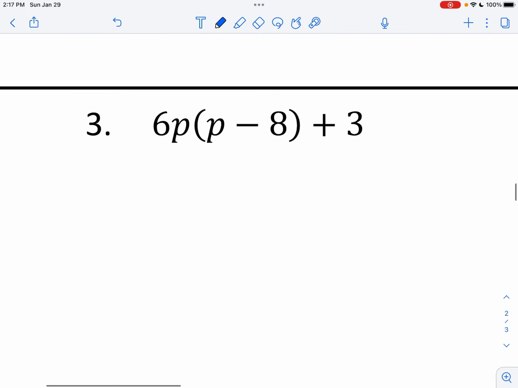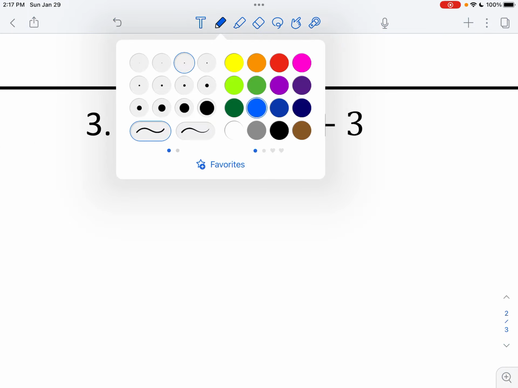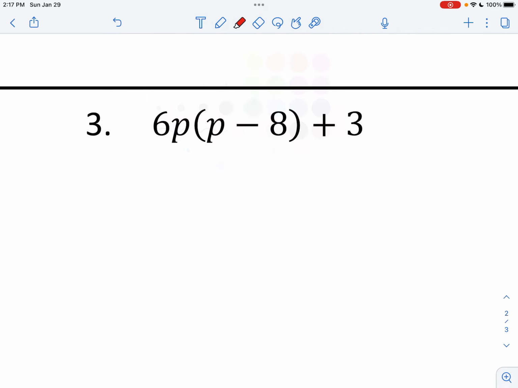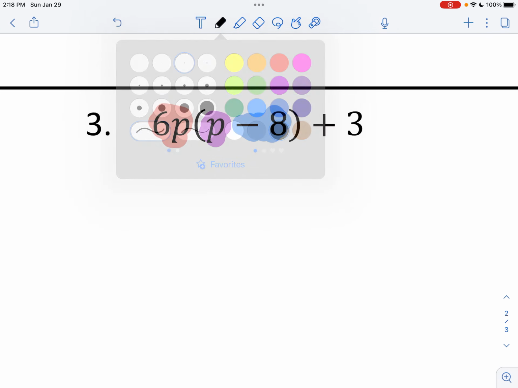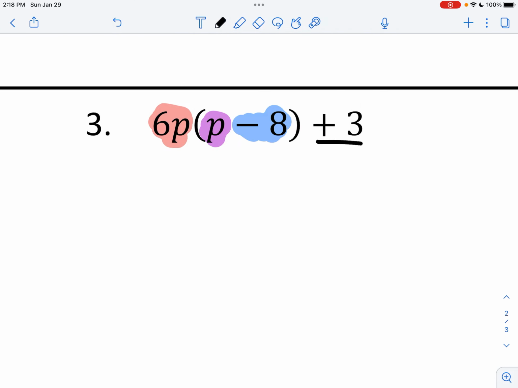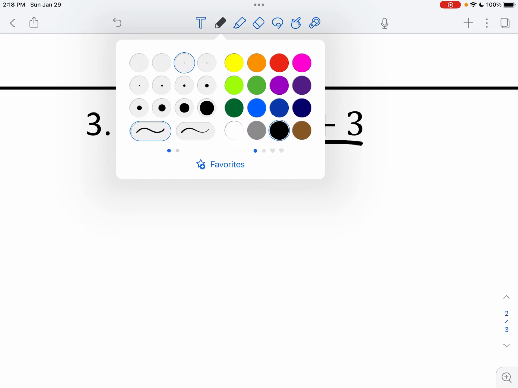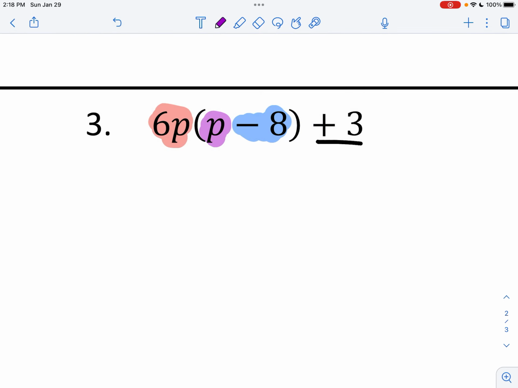Number 3. I have an outside 6p, I have an inside p, and an inside -8, and then that +3 is just a +3 in the back. We'll leave him alone for a little bit. So the first thing I'm going to do is 6p times p. So it's like 6 times 1 is 6, and p times p is p squared.